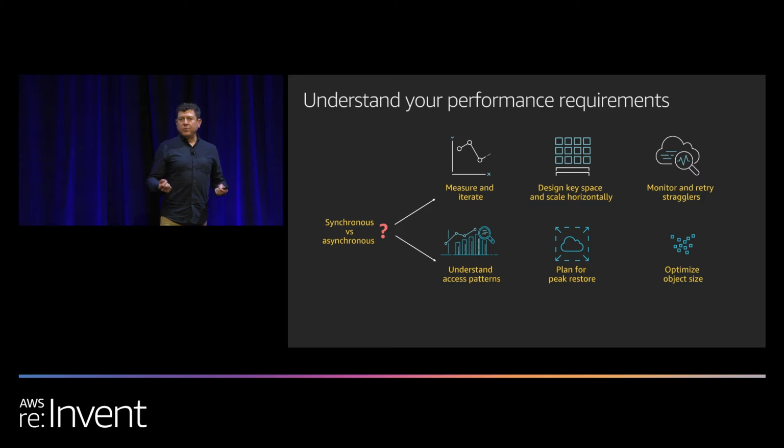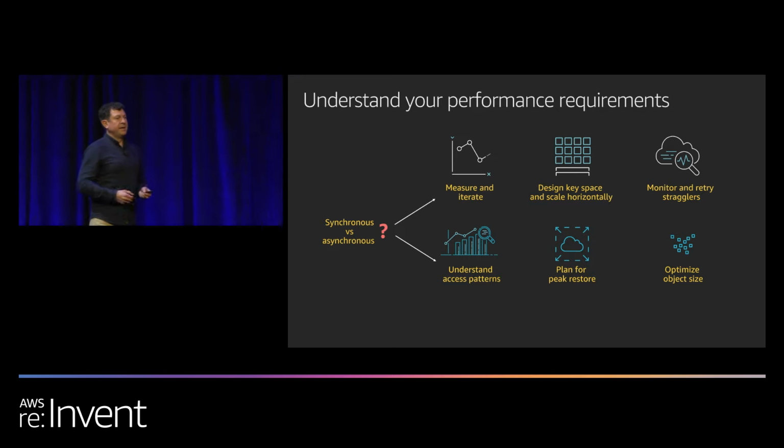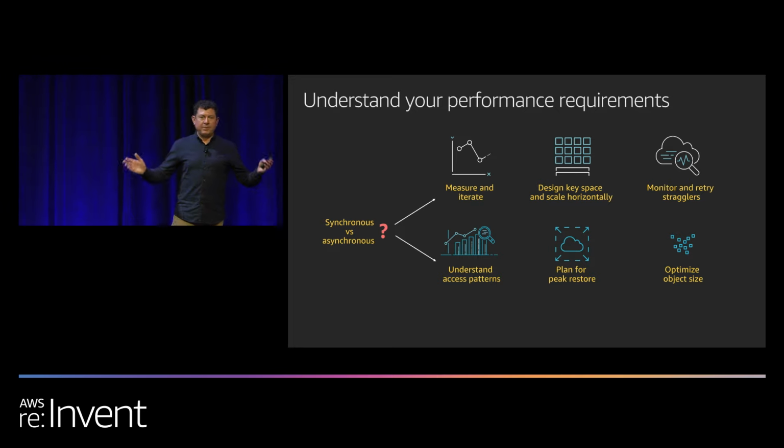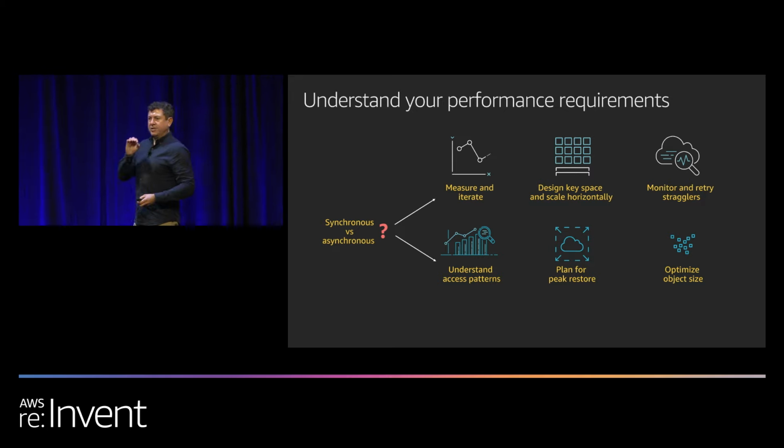So think about them as different economic models in how I'm consuming and accessing my storage. But what you do have is the exact same performance, and with the exception of One Zone IA, which is 11 nines of durability in a single AZ, they all have the exact same durability model, 11 nines of durability across all AZs. So it's really just access pattern, and is it a synchronous workload, and then how do I maximize my savings?